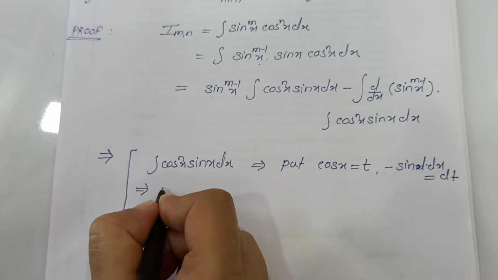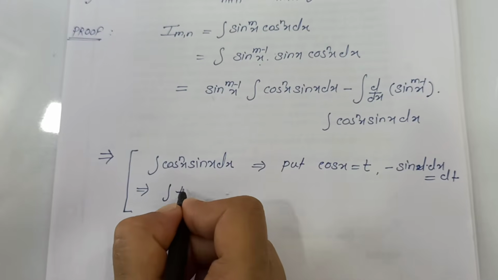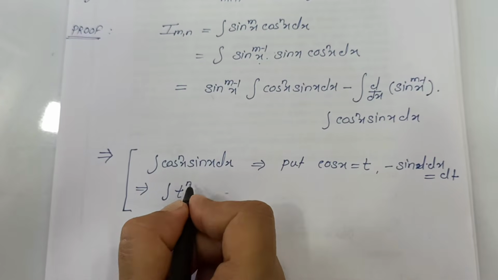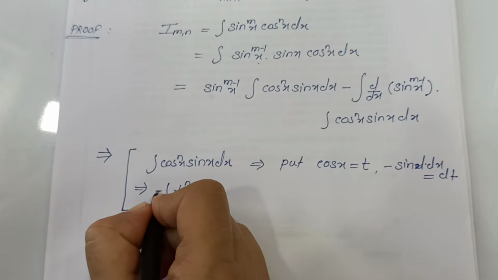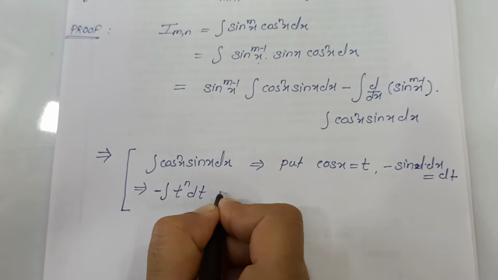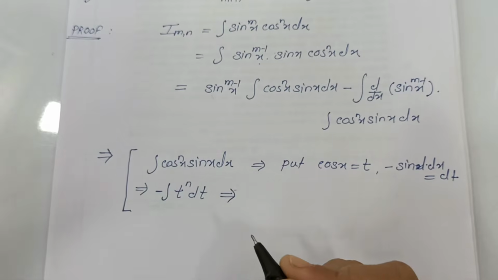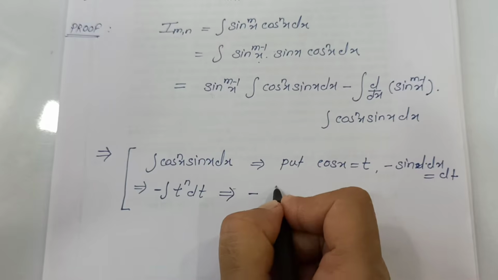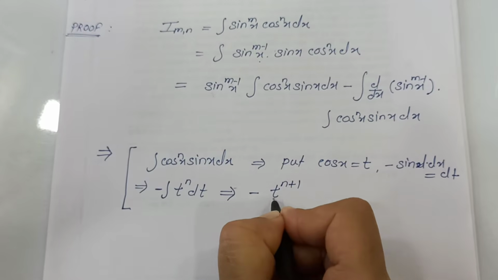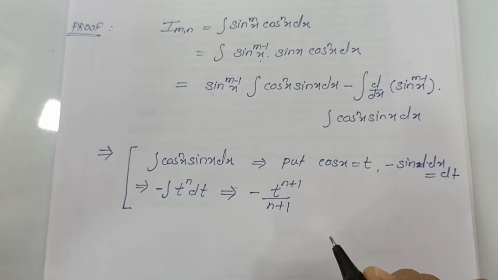We will use this substitution in the integration. So this implies integration of t raised to n, sin x dx will be equal to minus dt. So I'll pull this minus sign outside. Let's evaluate this integration. Minus sign outside, integration of t raised to n is t raised to n plus 1 upon n plus 1.